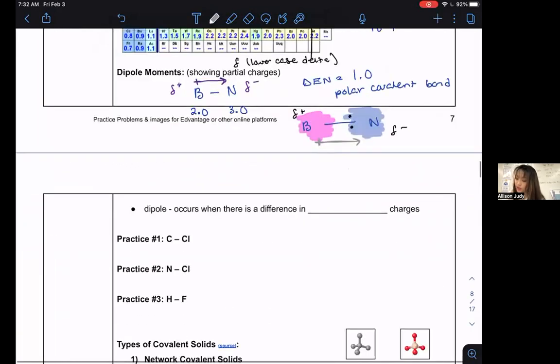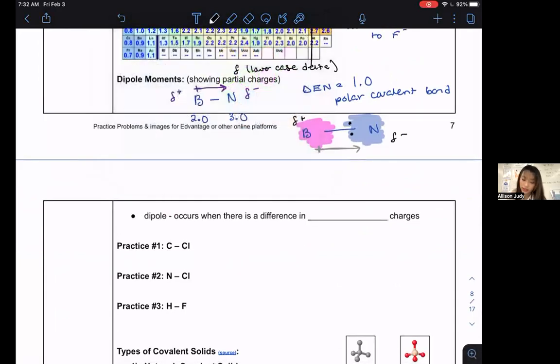So a dipole occurs when there is a difference in electronegativity. That's the whole principle: we have covalent bonds that are still sharing, but they're not sharing very well. And we need to acknowledge and represent that because that's going to impact how this individual bond characterizes the entire molecule it's part of, and then characterizes the behavior with other molecules in a larger sample.